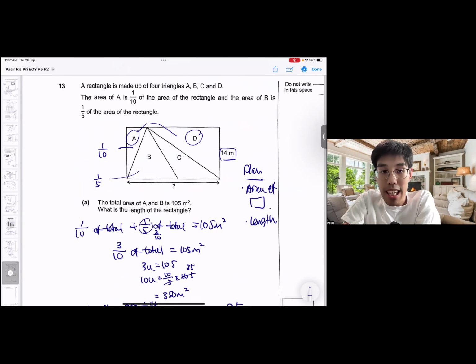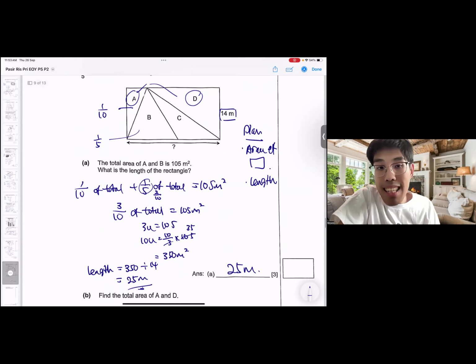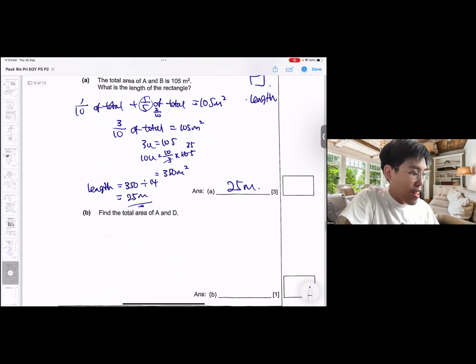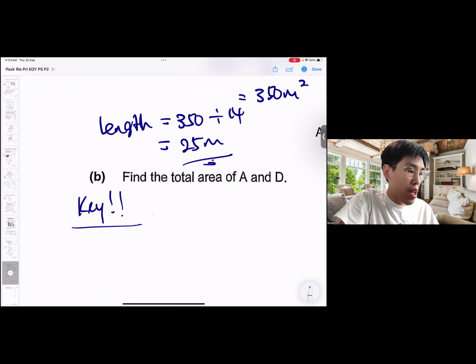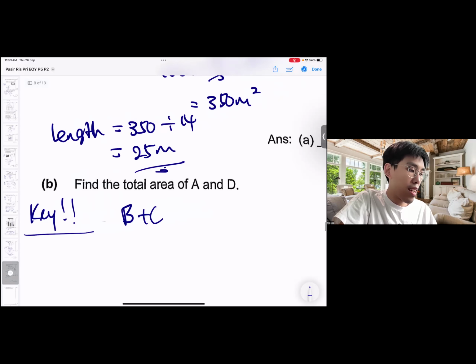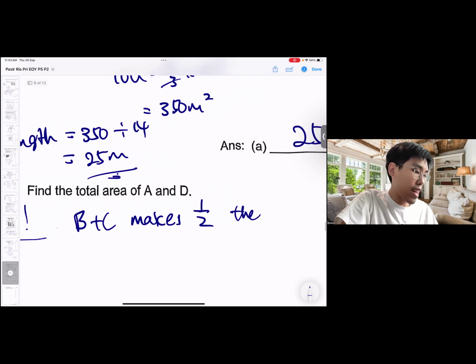Based on the construct of the diagram, you must be able to notice that B plus C, I say again, the key, is where B plus C makes half the rectangle.